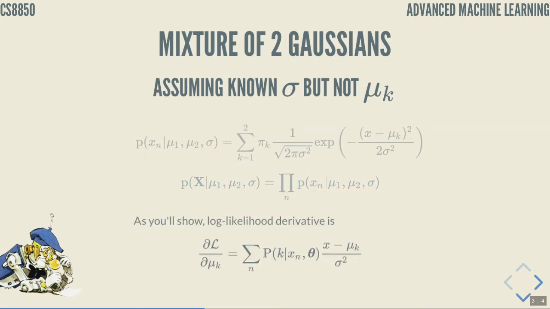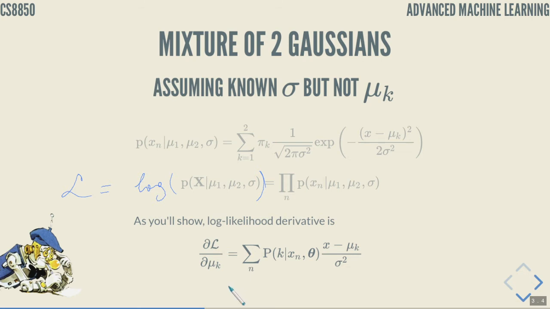And as you will show in the homework, the derivative with respect to the mean of this likelihood, actually of the log likelihood of this part, if we take a log of this, that's what the calligraphic L stands for, log likelihood.